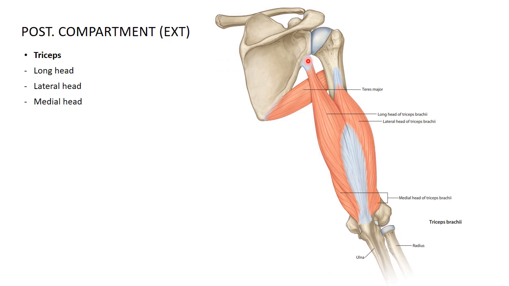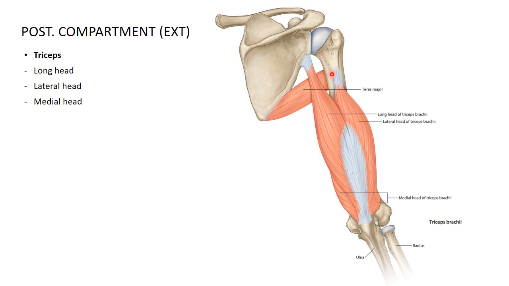It takes origin from the infraglenoid tubercle of the scapula just inferior to the glenoid cavity, and it is the longest head, hence the name long head of triceps. It descends inferiorly on the medial aspect of the humerus.